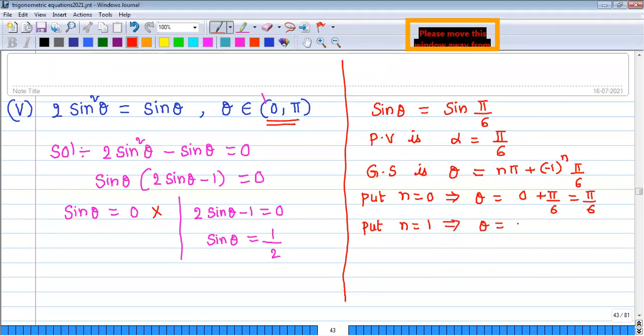Theta equals to n pi plus minus 1 to the power of 1 is minus 1 times pi by 6. That is 5 pi by 6. 5 pi by 6 is equal to how much? 150 degrees. So next, if you put n is equal to 2, more than that of pi value will be getting. That's why pi by 6 is included and 5 pi by 6 is included. So therefore theta is equal to pi by 6 comma 5 pi by 6. This is the answer.